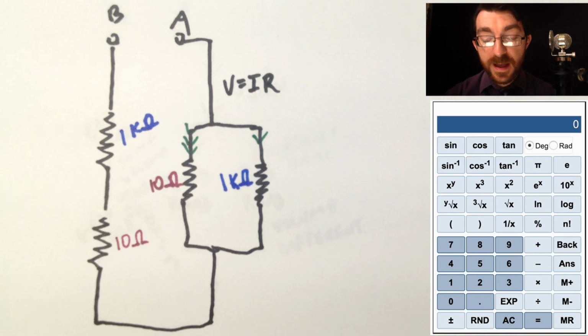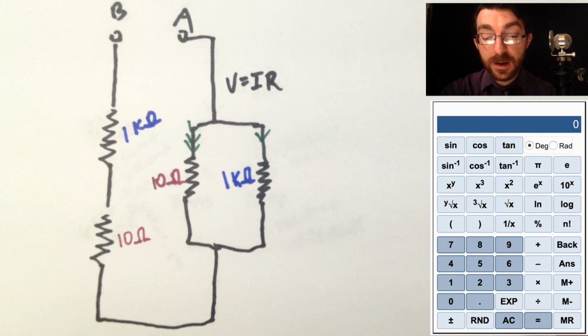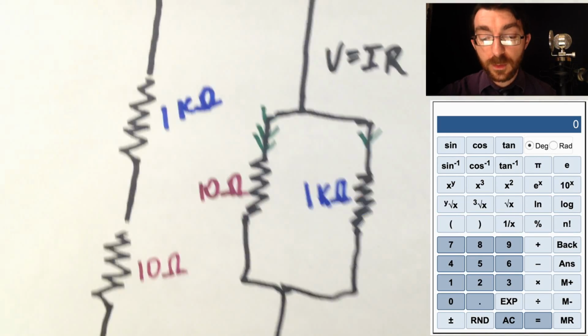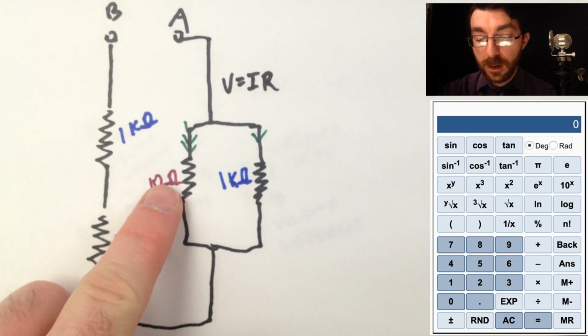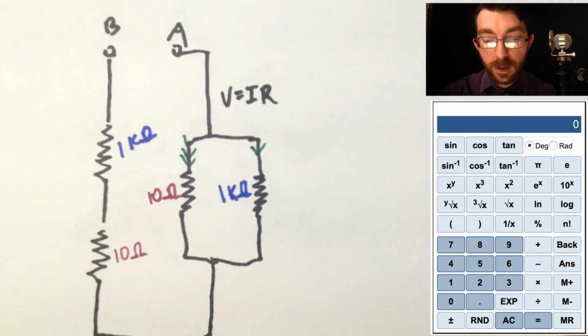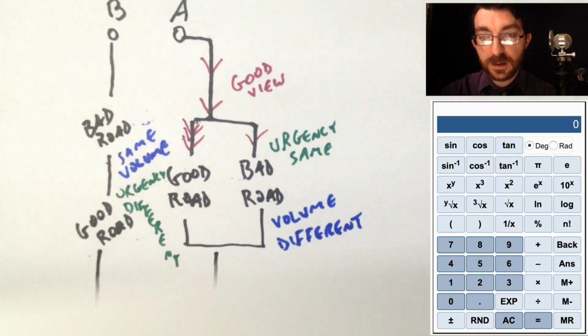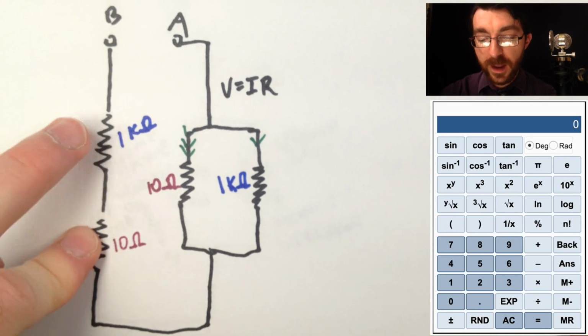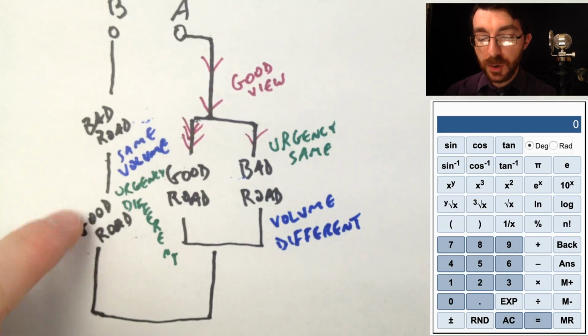So in order to make this circuit actually solvable, I'm going to need to put a battery in it. But before I go ahead and do that, can you just see the similarity to what was before? We've got low resistance resistor, good road, high resistance resistor, bad road. You get the idea? Okay, low and high, good and bad.